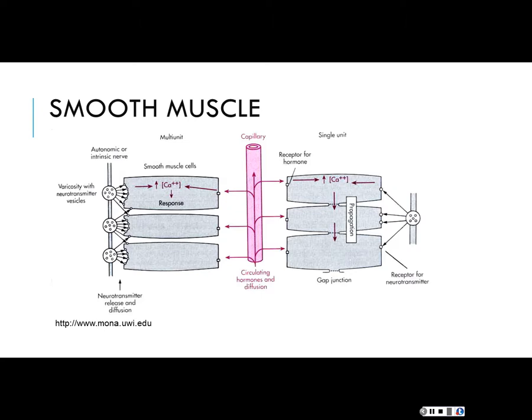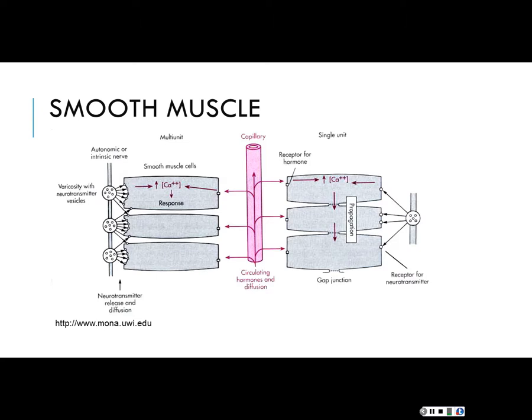On the far left, we have what's called multi-unit smooth muscle cells. You may not be able to see it well, so write this larger if you need to. Multi-unit. And on the far right, we have single unit smooth muscle cells.